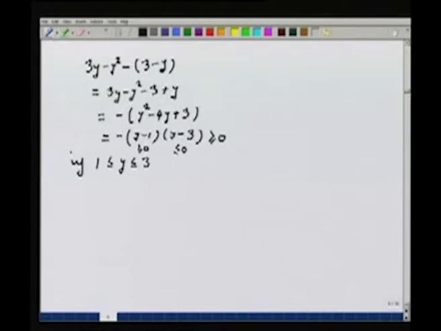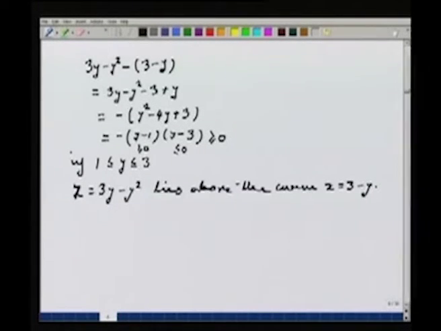So this implies the curve x equals 3y minus y square lies above the curve x equals 3 minus y.